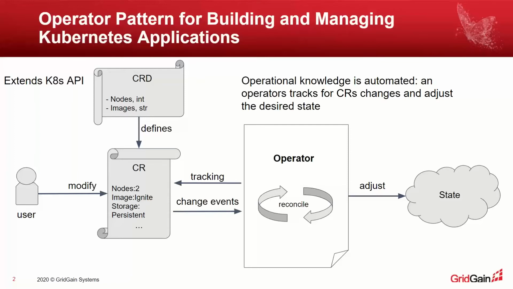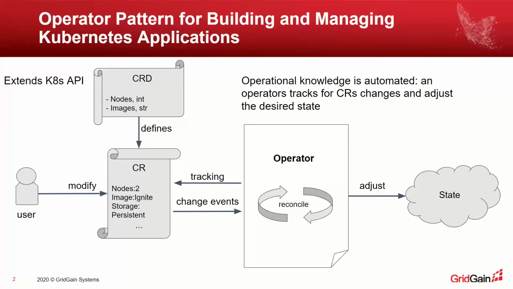For example, a user might set that they would like to have a cluster with two nodes, and it should use the Apache Ignite image, and a user might want to deploy a persistent cluster rather than a pure memory one, and so on. And the operator pattern, on the other hand, does have an operator deployment.